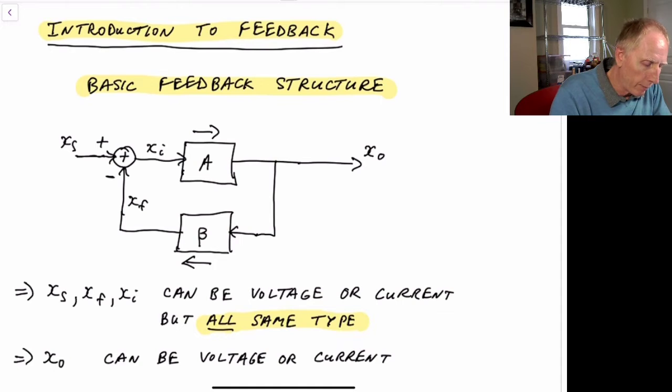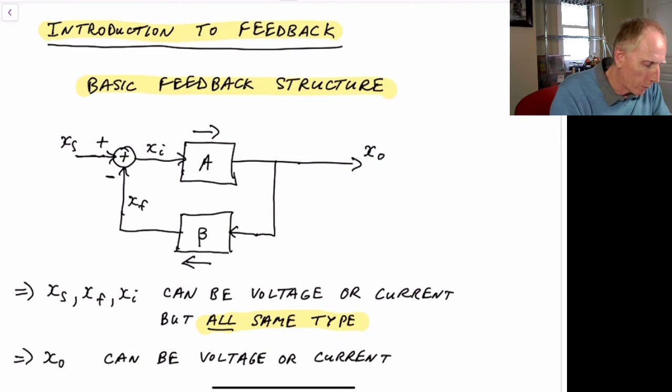And we also have the amplifier A shown here, going in the left to right direction. Then we have the feedback circuit beta, which is going in the right to left direction.